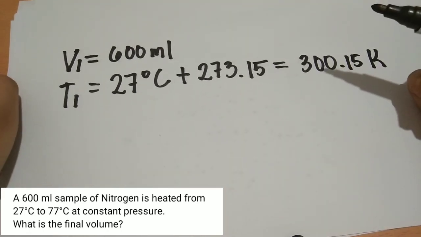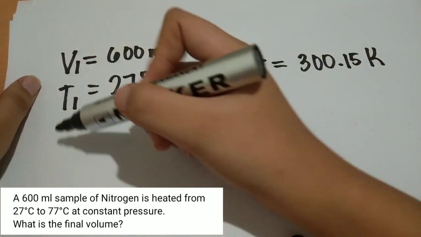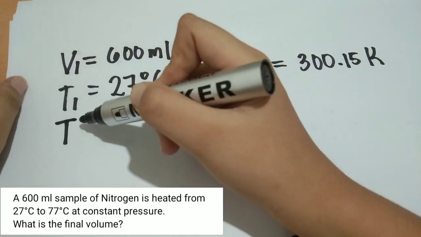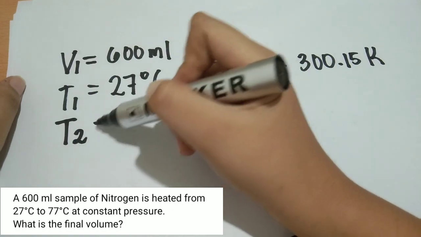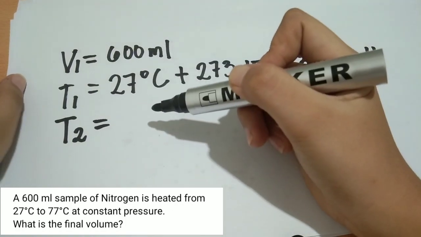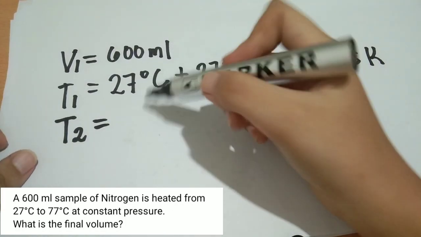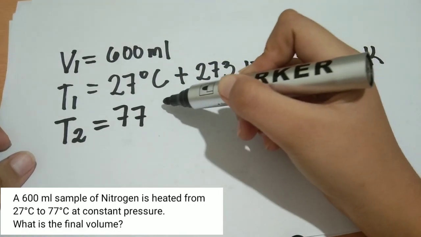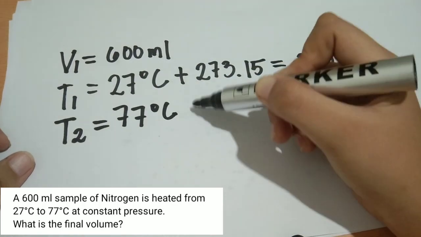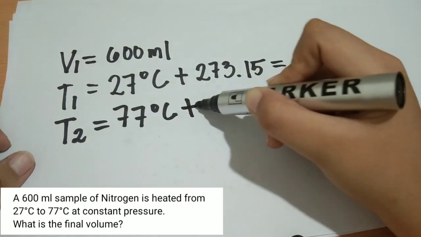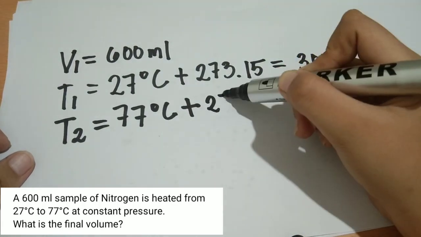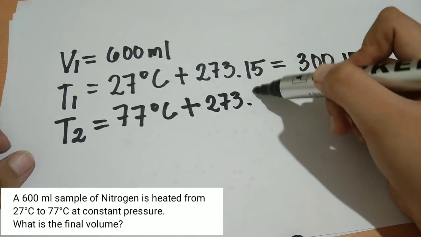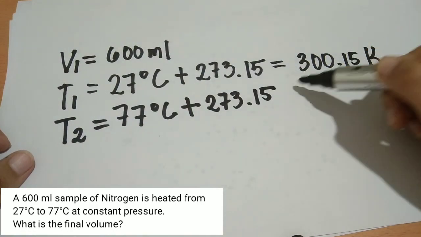Now doing the same with the final temperature. So add the 273.15 to 77 degrees Celsius, and we will get 350.15 in Kelvin.